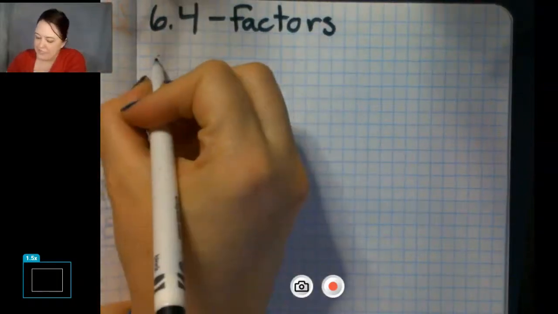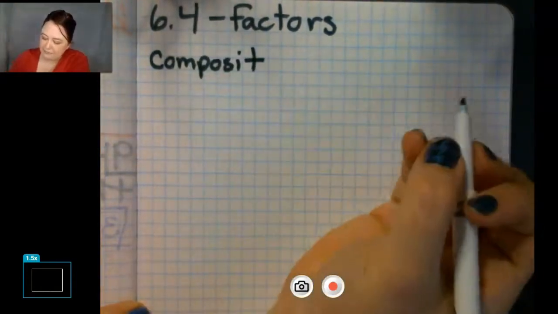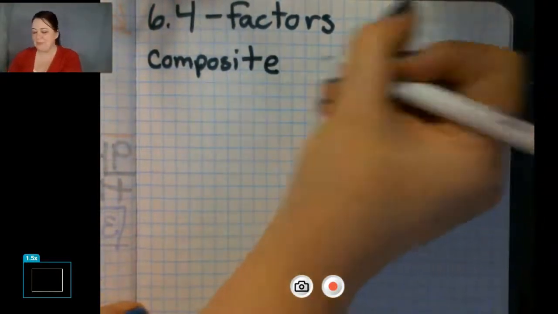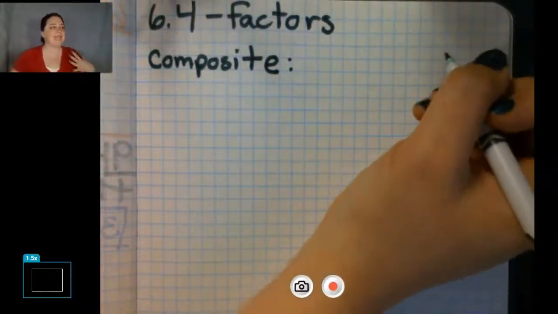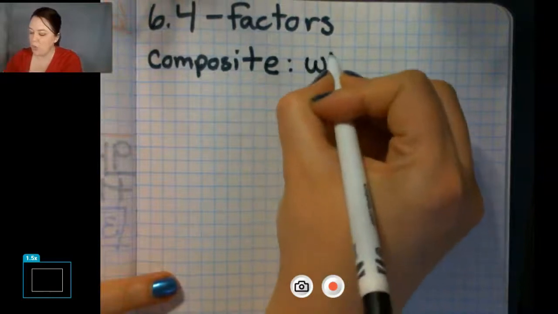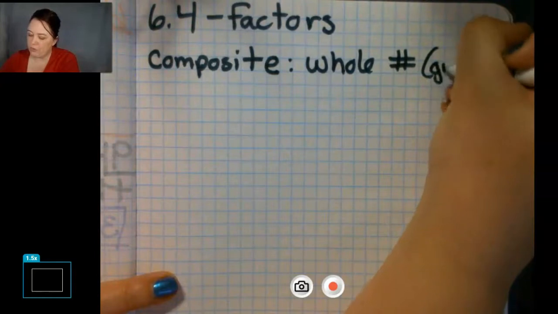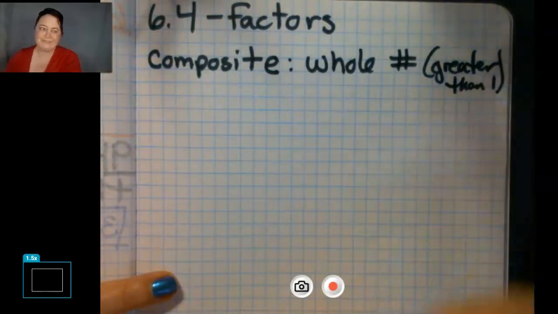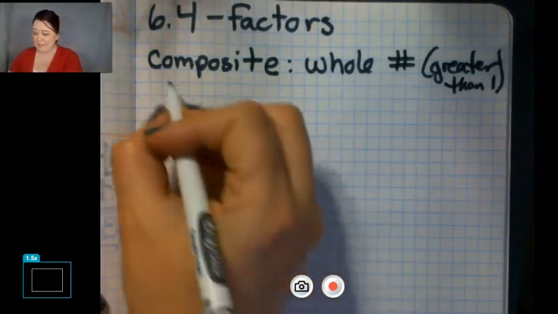So let's write those words down. Composite. A composite number is a whole number greater than 1 that can be written as the product of its prime numbers.